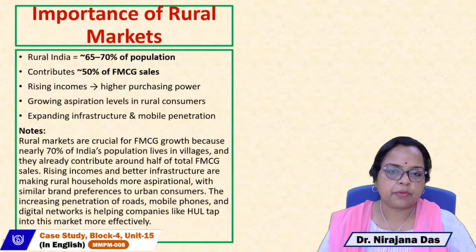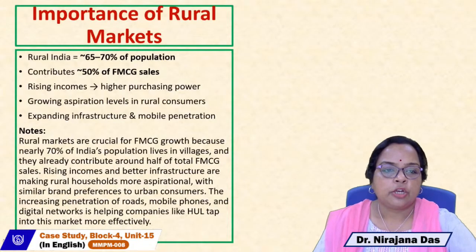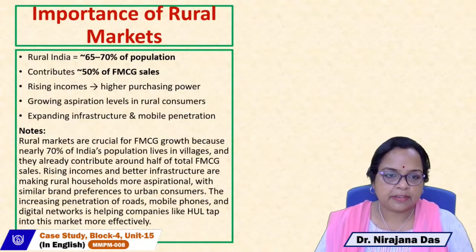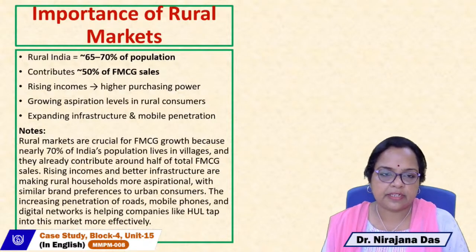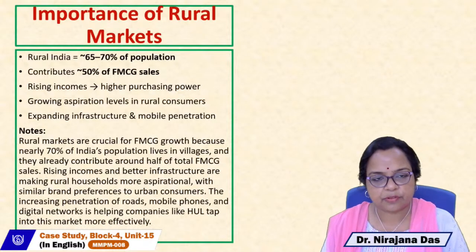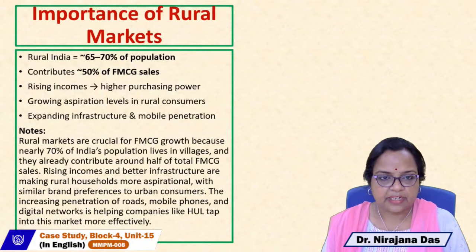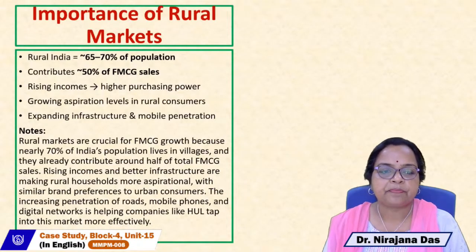Let's understand the importance of the rural market. Rural India accounts for around 65 to 70% of the entire Indian population, and it contributes 50% of FMCG sales. That means FMCG companies are selling 50% of their products in the rural market.